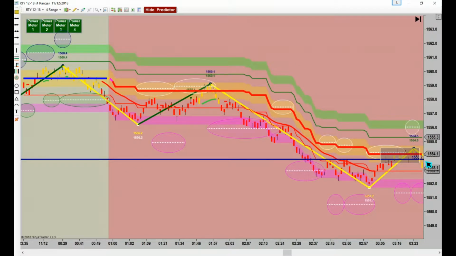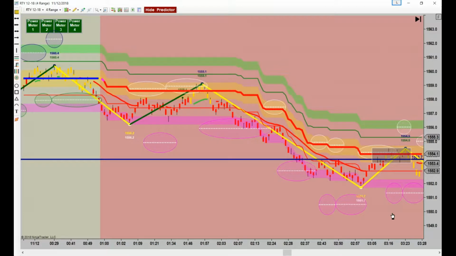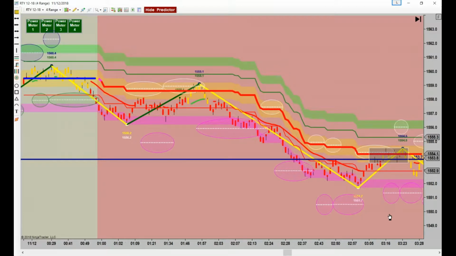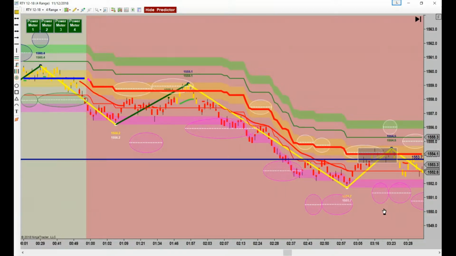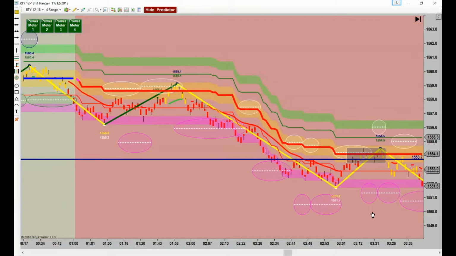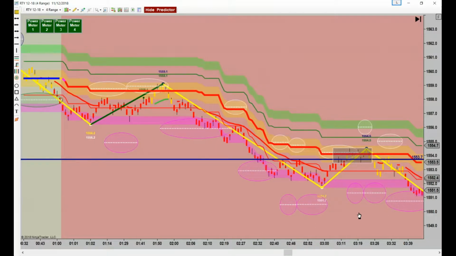Everybody see that? Okay? So let's see if we can get a little trade out of this one. There's a scalp. Should hit its head at my line. Rolls. And a beautiful trade. Okay?